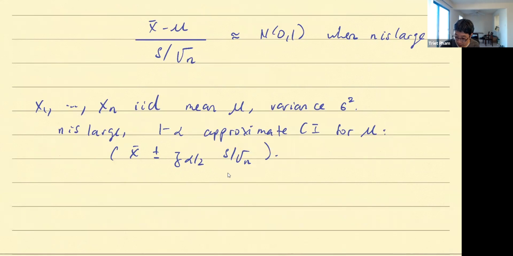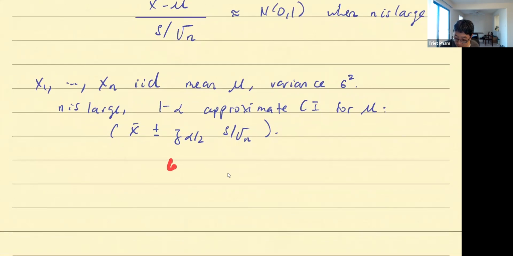Third, notice that even though I use S here, it's still Z, right? It's not a T, it's a Z, okay? And this actually trips people up in different ways. It trips people up in the way that in this asymptotic case, they still use T just to be careful, right? So even though n is large, and the idea is to construct an approximate confidence interval, they still use T. They would do t n minus 1, alpha over 2.